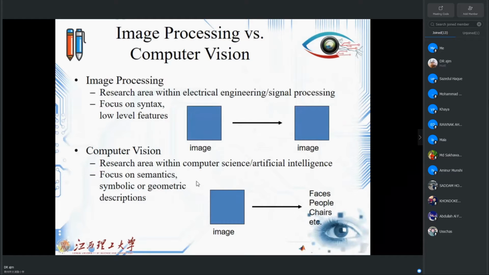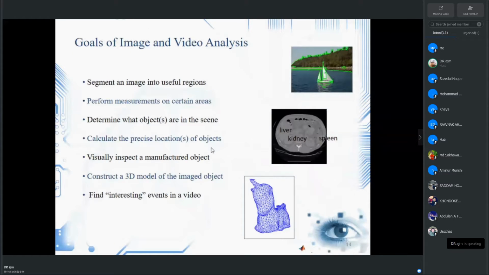Let us say, for the goals of image and video analysis, what can we do? We can segment an image into some useful regions, something like the boat, as you can see here, or making the forest highlighted here, or perform and measure some certain area, something like in this MRI or this medical image that I bring here, which specifies where the liver is, where the kidney is, and so on, and determine objects in the sense of calculating their precise location.